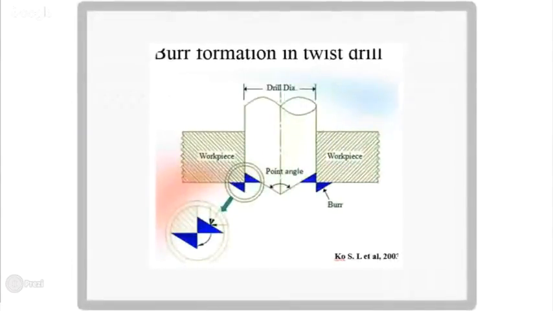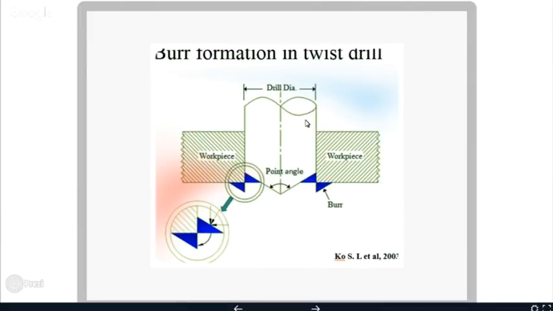So let's check how the burr formation takes place in a simple twist drill. Here, this is a simple twist drill, this is a workpiece, and this is the point angle.